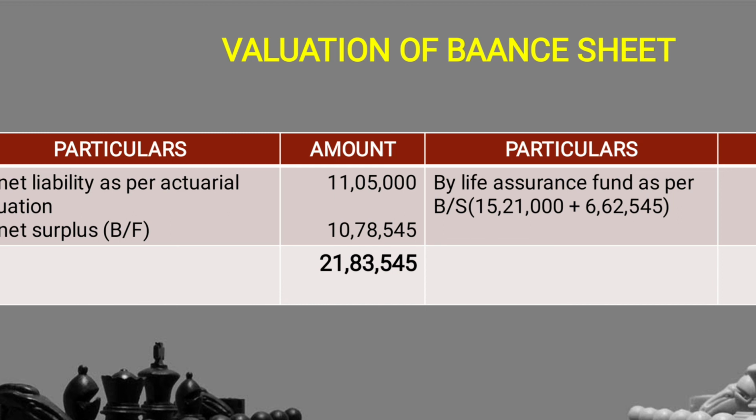That is, one is the opening amount and the second one is the amount you are finding from the revenue account. After adding these two things, you are writing that net liability and then the balancing figure. Net surplus, you will call that one as net surplus. That is a balancing figure, which here you can see as 10,78,545. Okay, I hope this sum you would have understood.